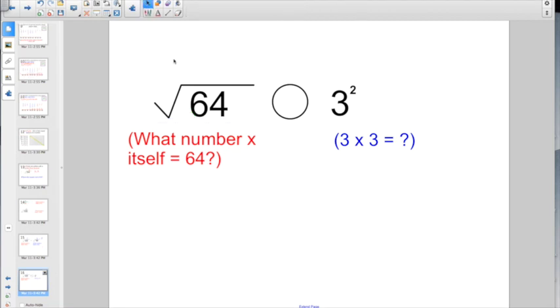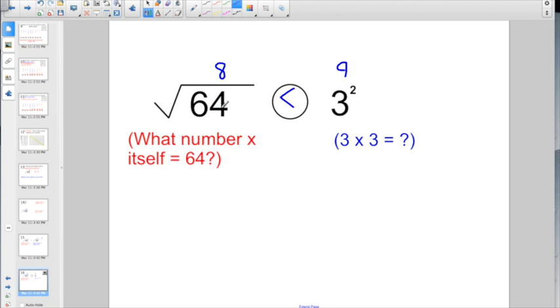Let's try this one. Square root of 64 again. What number times itself is 64? That's 8. Compared to 3 to the second power. 3 to the second power, hey, that's 9. What is greater, 8 or 9? 9 is greater than 8.